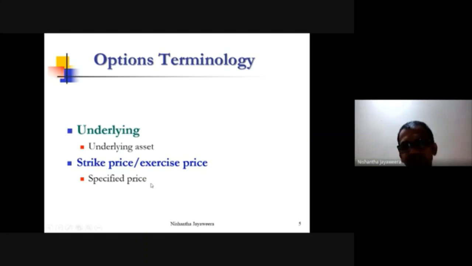Remember again, here we are talking about the price of the underlying asset. It is not the price of the option. But in this instance, we have a price of the underlying asset as well as a price of the option.